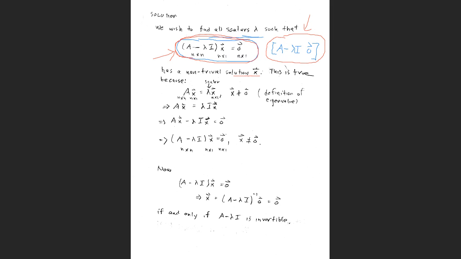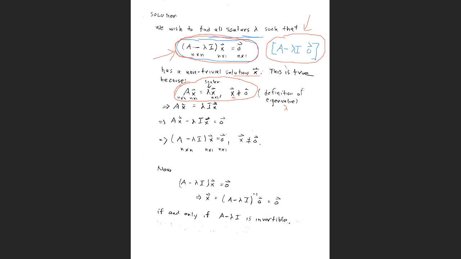And we know that's true because of the definition of an eigenvalue: lambda satisfies the vector equation A times x equals lambda times x, where x is not equal to the zero vector.